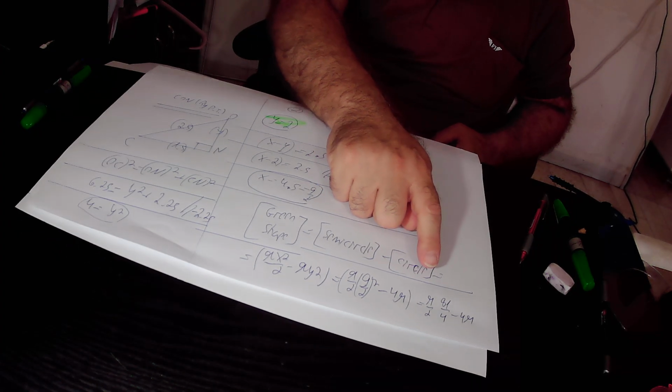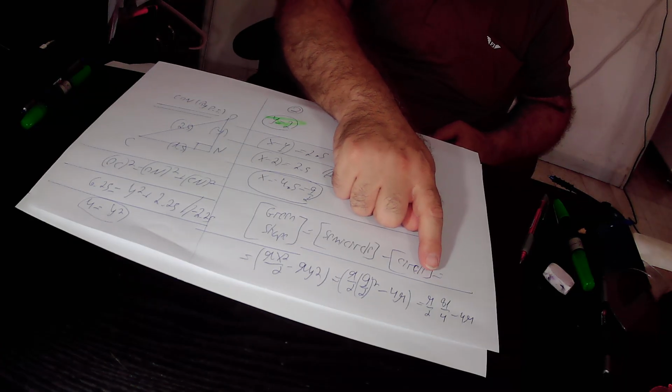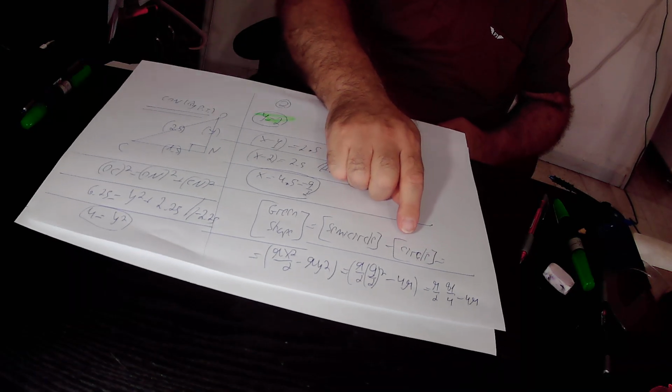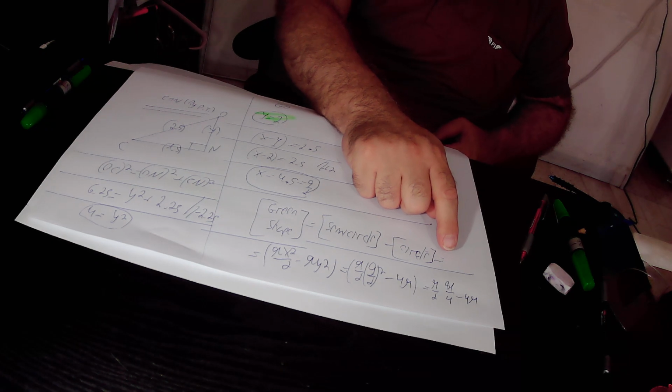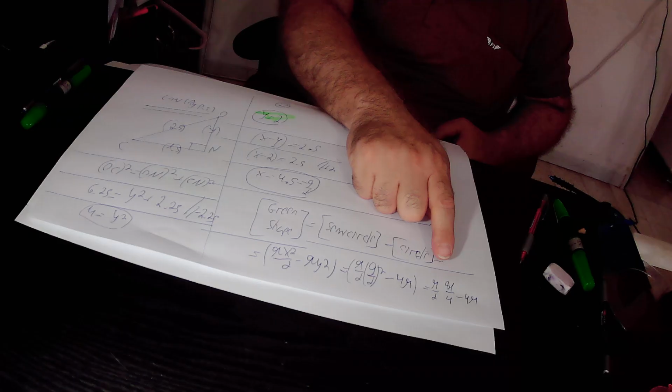2 times 4 is 8, so in total this expression equals 81 pi over 8 minus 4 pi. So here we multiplied minus 4 pi by 8, and then we divided by 8 in order to overcome a factor with this expression.